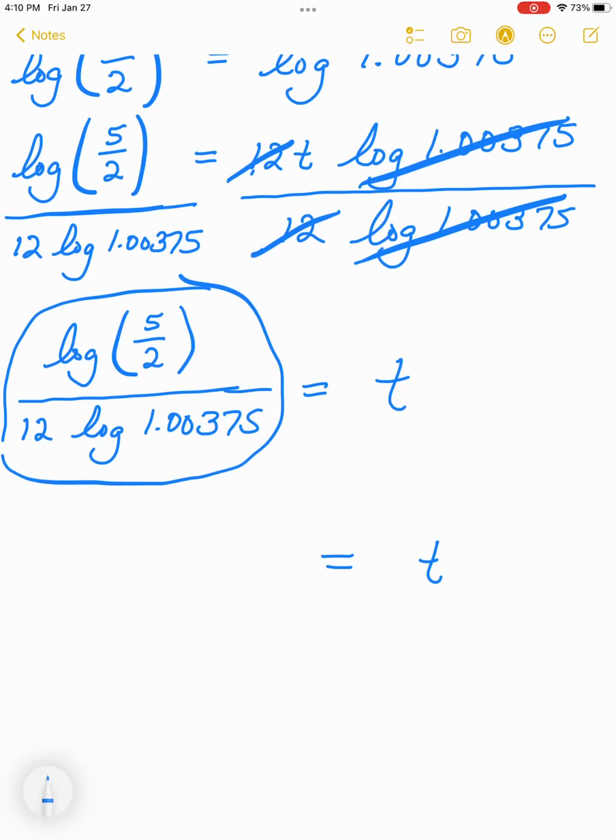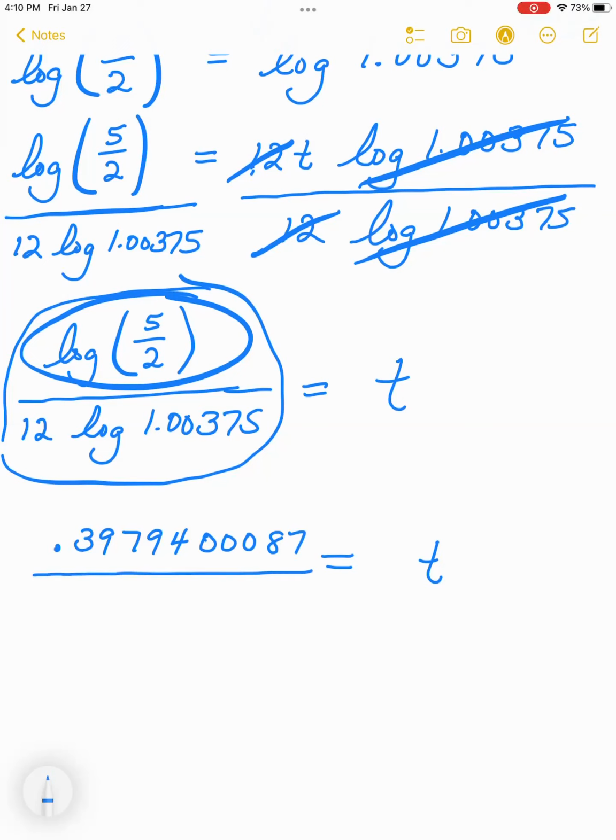I've got log and then type in 5 divided by 2. Then I'm going to write down that result for the numerator, which is equal to 0.3979400087. So I take that decimal all the way out.